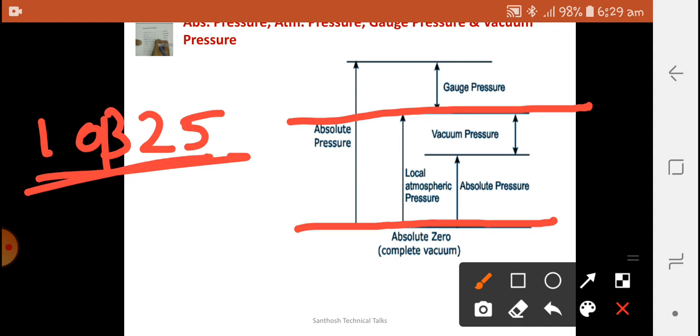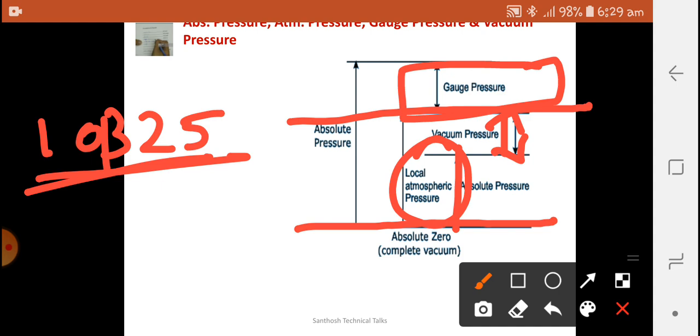Below the atmospheric pressure, we can say it is a vacuum pressure, and the absolute pressure plus vacuum pressure becomes the local atmospheric pressure. The gauge pressure is a positive pressure, measured above the atmospheric pressure, and it can be measured using different kinds of instruments.